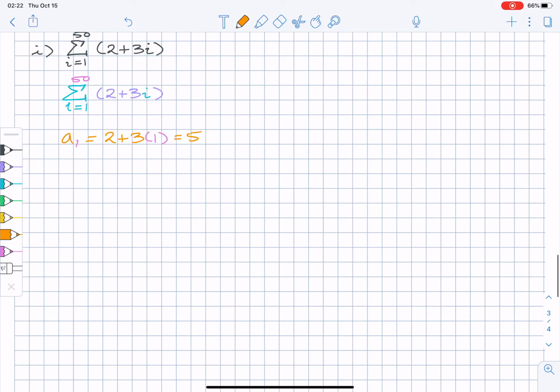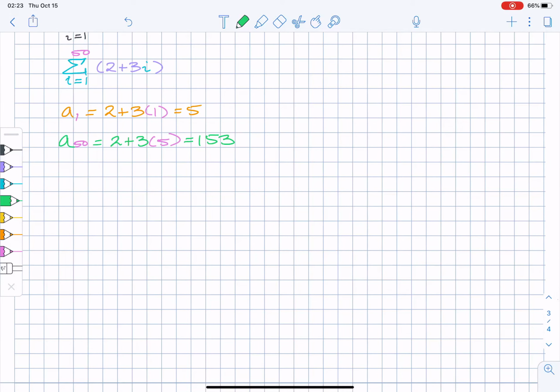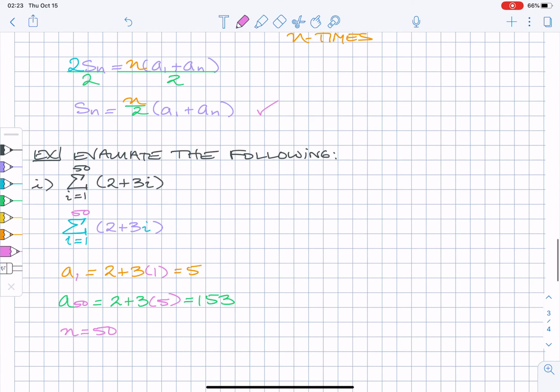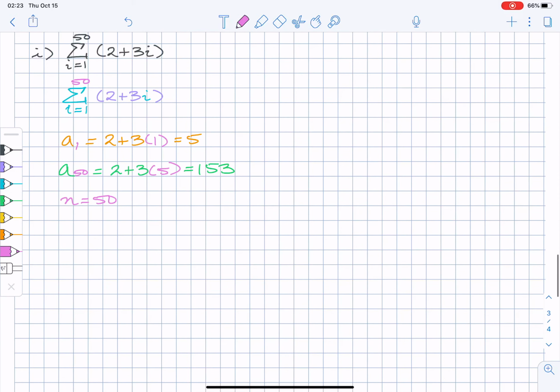I claim that a sub n, which in this case is 50, is going to be 2 plus 3 times 50, which is going to be 153. I claim that n itself is 50. Do I have enough to plug into the formula? Yeah, I do.